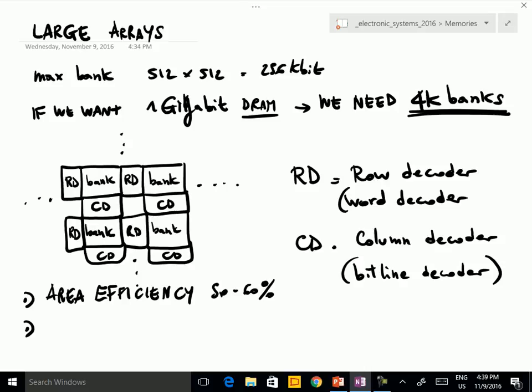This is one consideration. The other consideration is that this arrangement provides some possibility for parallelism, in the sense that, since we have independent row decoders and column decoders for each memory bank, we can, at least in principle, read or write different memory banks at the same time. Of course, this implies some complications in the addressing circuits, but in principle it is possible.